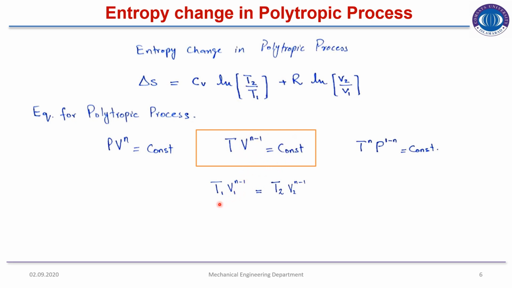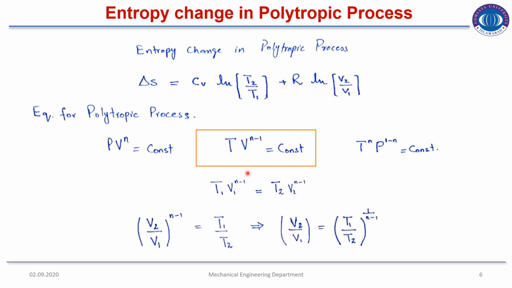As that is a constant, T1 V1^(n-1) is equal to T2 V2^(n-1). The generalized expression for the entropy change contains a ratio V2 over V1. From the polytropic process relation, we find the ratio V2 over V1 comes out to be (T1 over T2) to the power 1 over n minus 1.